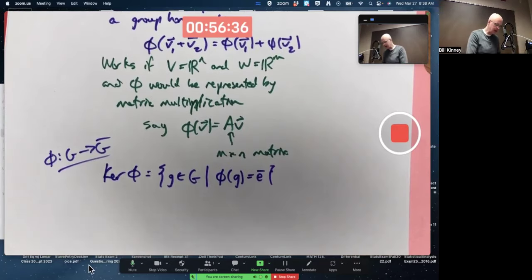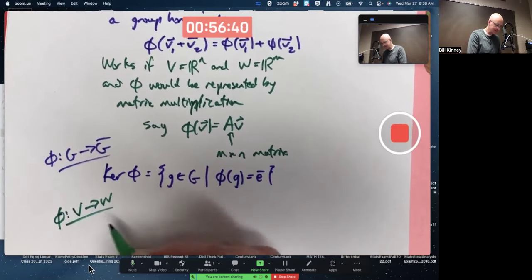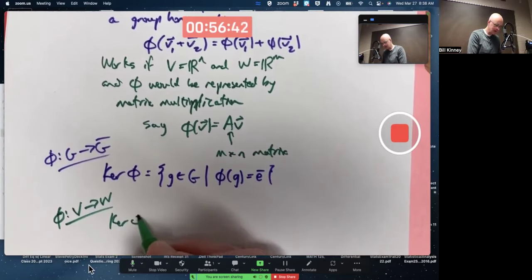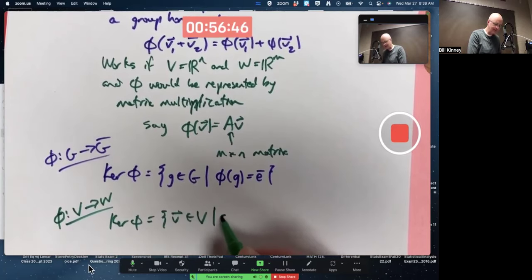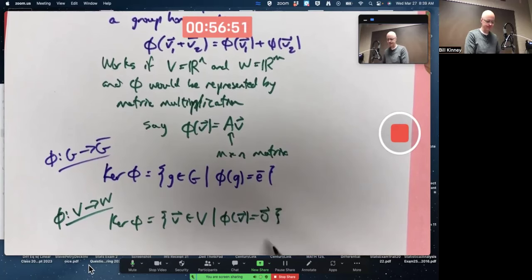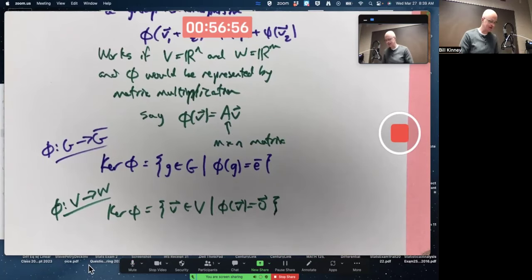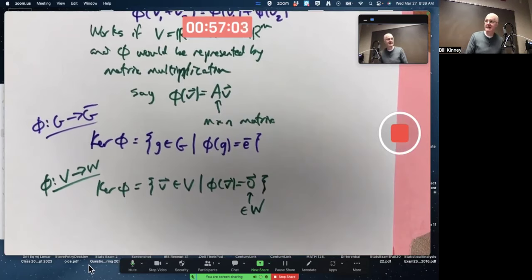For a linear transformation between vector spaces, the kernel was every vector in the domain that got mapped to the 0 vector in the codomain, in W. It's the solution set.